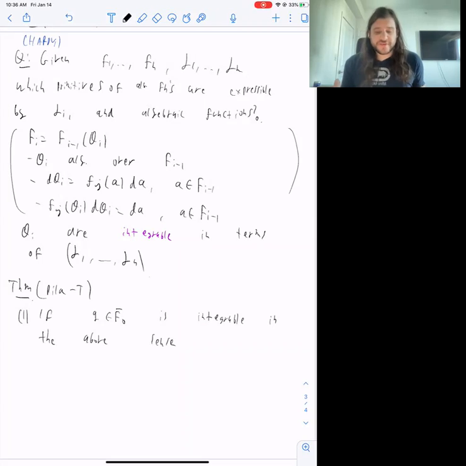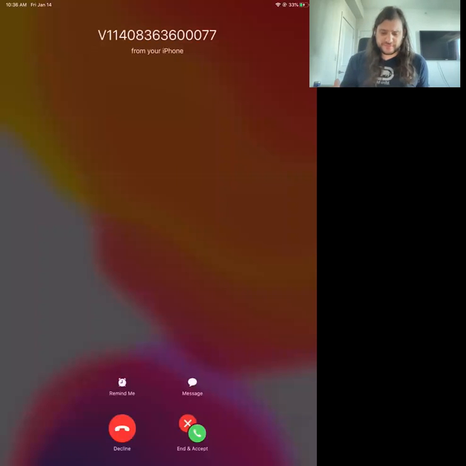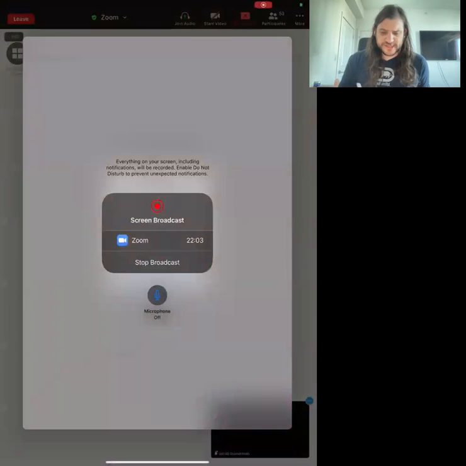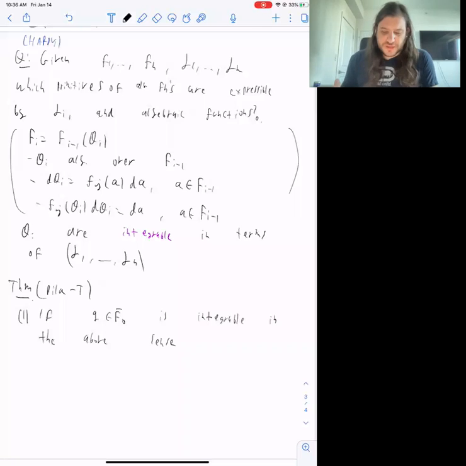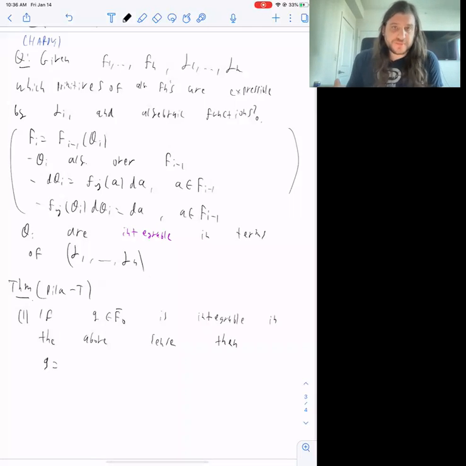then it's very similar to what we had before. We can write g as d beta by dx.